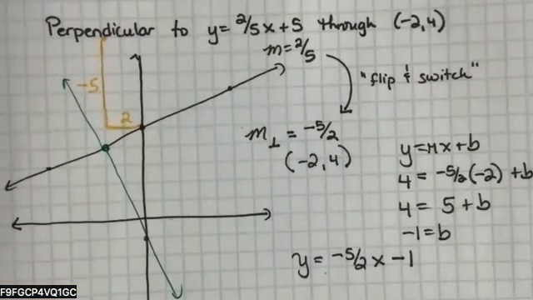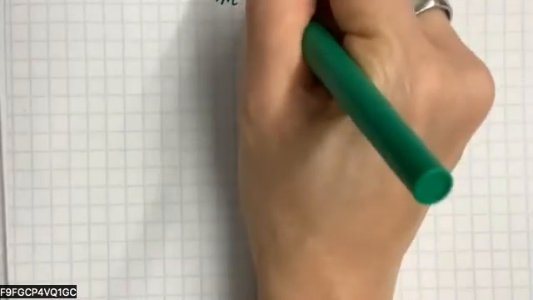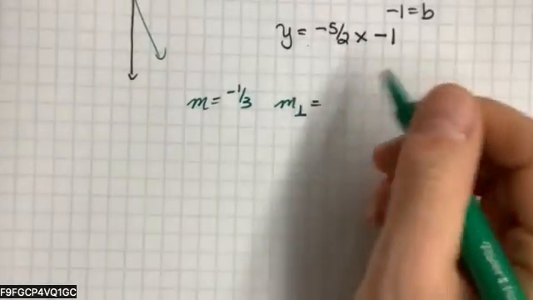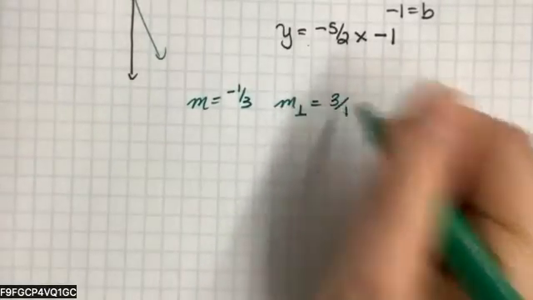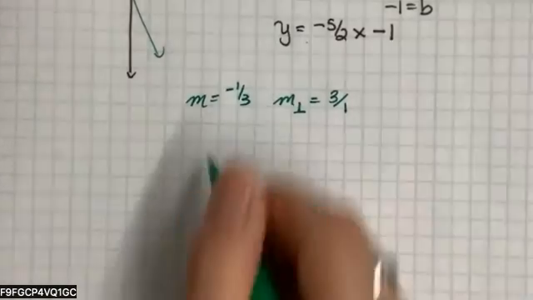It's flip and switch. And just to make sure you get it, if the original slope was -1/3, the perpendicular slope would be to flip to 3 over 1 and then switch from negative to positive.